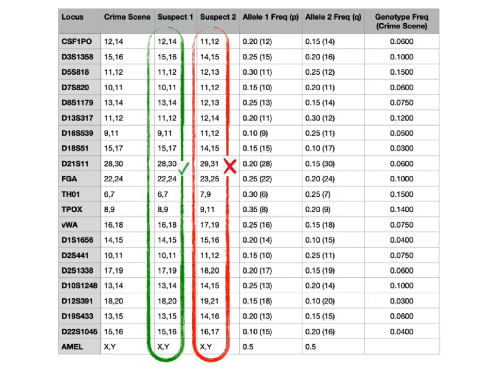A calculation of the frequency of Suspect B's genotype based upon the STR allele frequencies within Suspect B's ethnic group reveals that the likelihood that a random member of this ethnic group has this profile is about 1 in 1.5 billion. It is important to understand that this number is the probability of seeing this DNA profile if the crime scene evidence did not come from the suspect but from some other person.